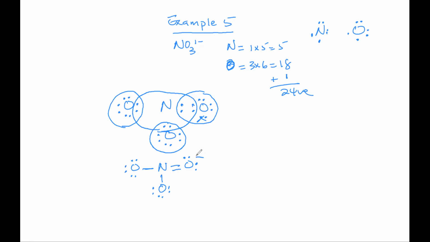Then you have to do this. Okay, one thing with this, if you move this it is correct, if you move this it is correct. So this is called resonance.